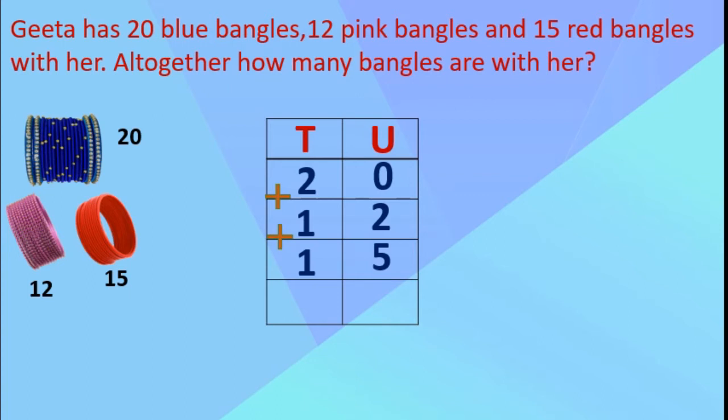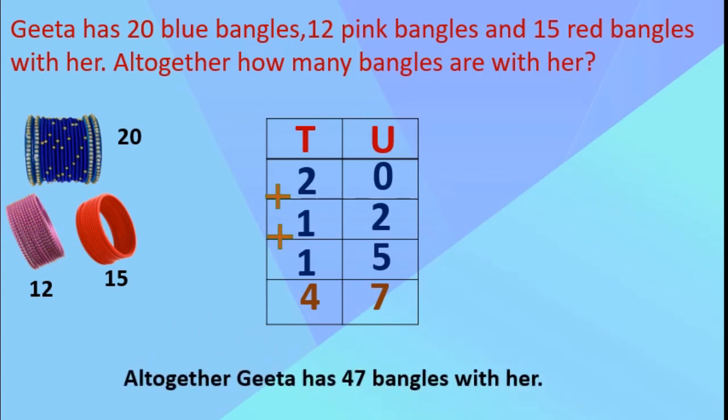Now we add in the unit column: 0 plus 2 plus 5 is 7. And in the tens place, 2 plus 1 is 3, plus 1 is 4. Means she has altogether 47 bangles with her. So she is very happy.